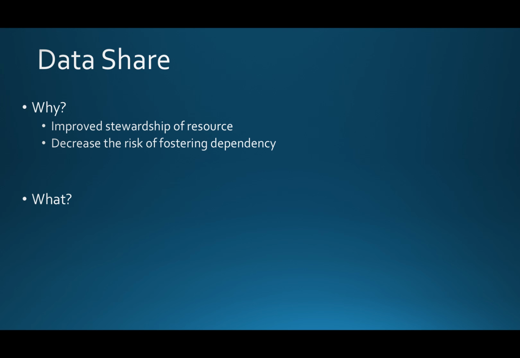Secondly, it decreases the risk of fostering dependency. Now, you've probably heard about the 5 steps to dependency. And it's one of the reasons why people are shying away from a handout model on a repetitive basis.